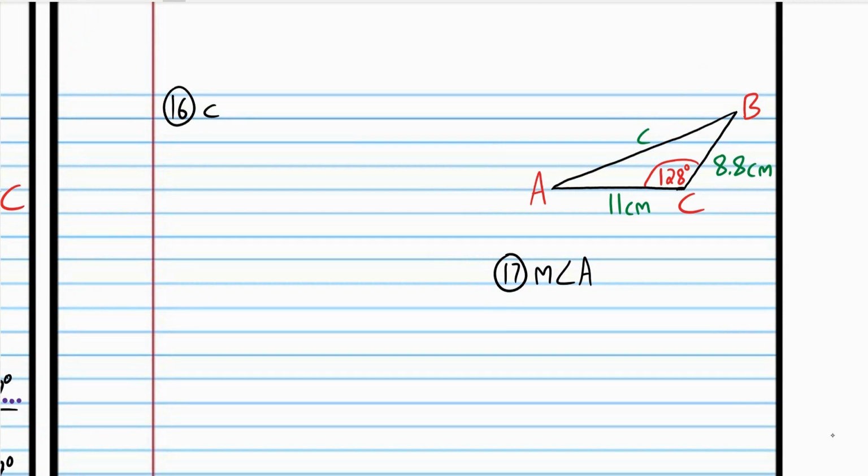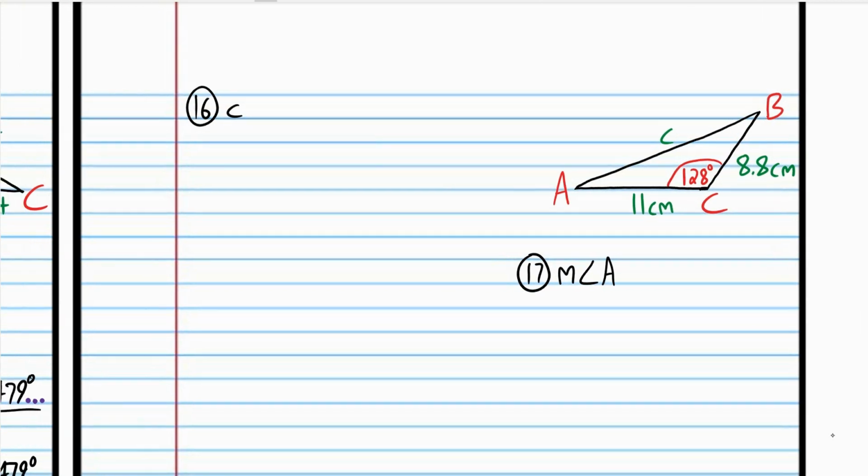Okay, so we're looking for the length of side C, so we're going to use a different version of the law of cosines. And we're going to find the length of a side first instead of the measure of an angle.